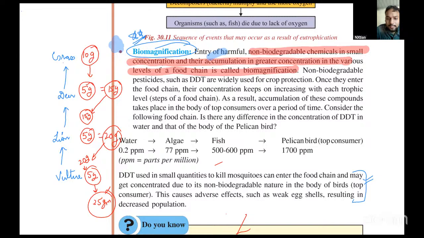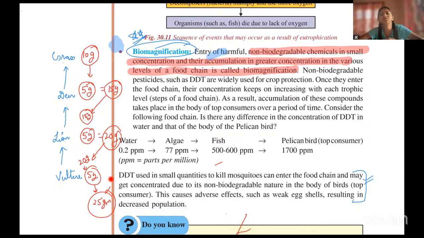Understood, guys? Yes or no? Everyone? Yes, sir. So now they can ask you this type of question: why are the eggshells of birds weak nowadays? Why is it like that? So Dashram, can you give me the answer? Why are the eggshells of the top consumer birds weak nowadays?